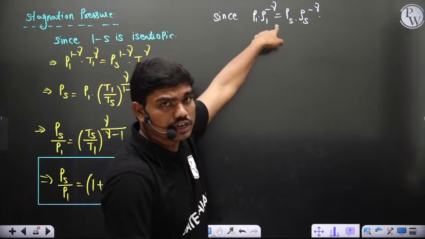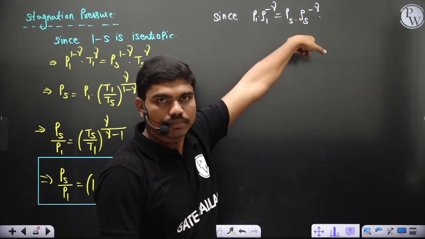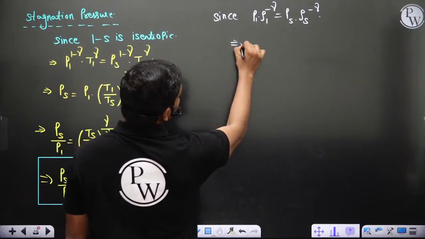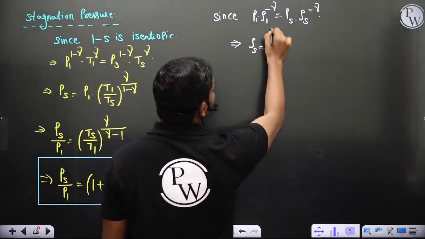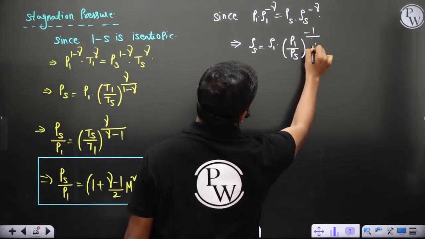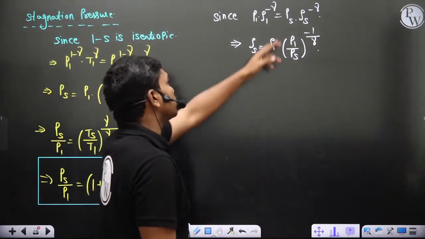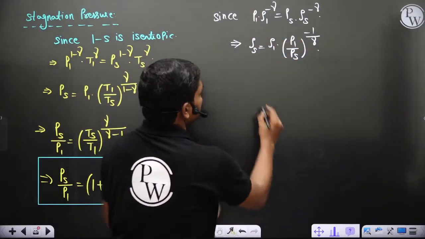So P into specific volume power gamma is equal to constant, so that can be written as rho power minus gamma, because rho is 1 by V. So this gives you stagnation density is equal to rho 1 times (P1 by PS) whole power minus 1 by gamma.